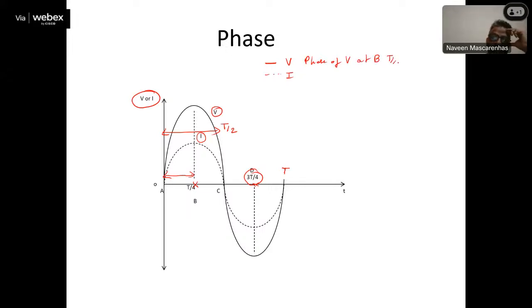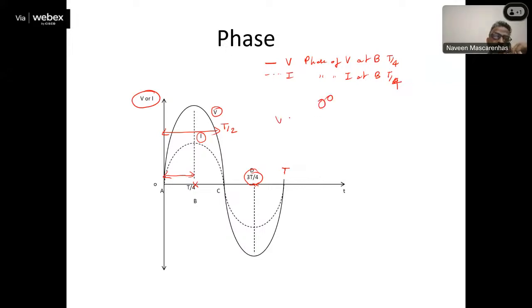It's T by 4. Similarly, the phase of I at B is also T by 4, because as you can see, V and I are in phase. That means, what is the phase difference between the two? T by 4 minus T by 4 is 0. So the phase difference between the two is 0.